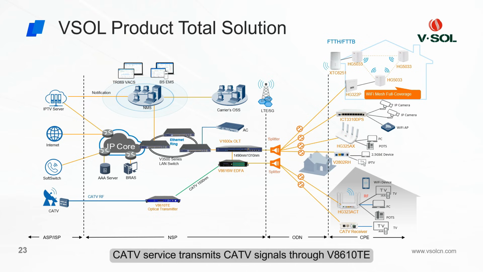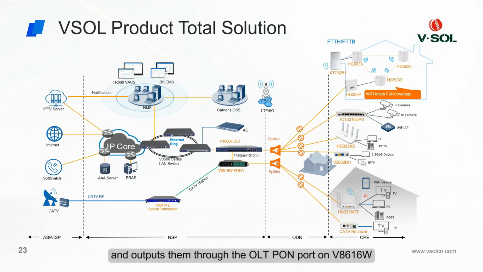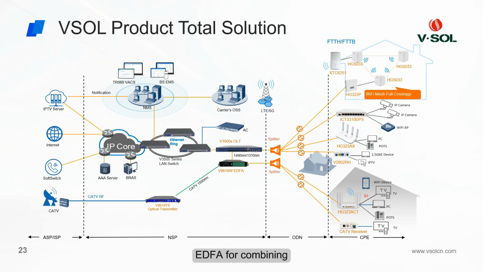The CATV service transmits CATV signals through V8610TE and outputs them through the OLT PON port on V8616W EDFA for combining. The CATV signals are then sent to the ONU along with other Internet services.